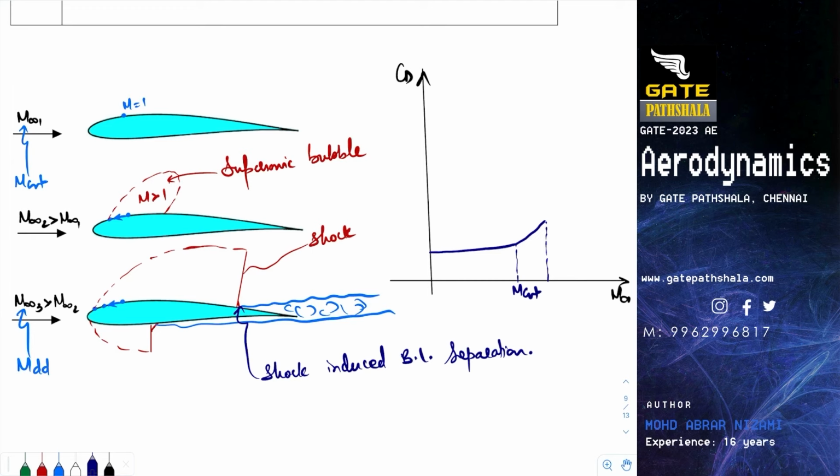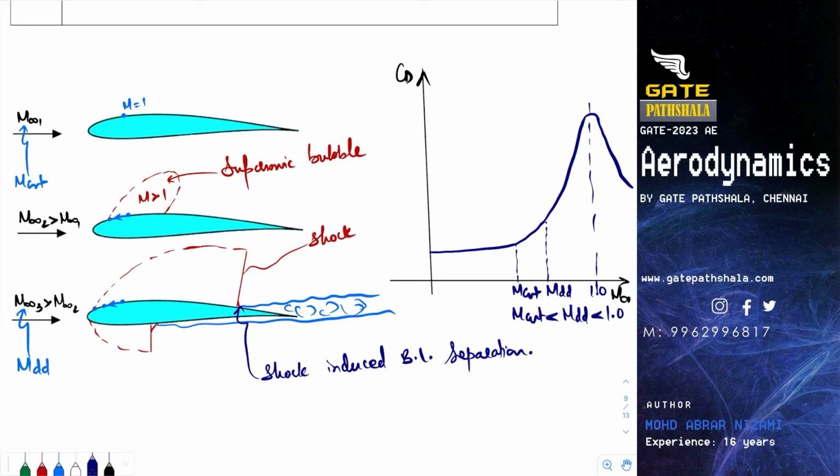After a little increment, the drag will dramatically rise like this. The Mach number at which the drag rise starts is called the drag divergence Mach number, and Mach 1 would lie somewhere here. So it is clear from this figure that M critical is less than MDD, which is less than 1.0.